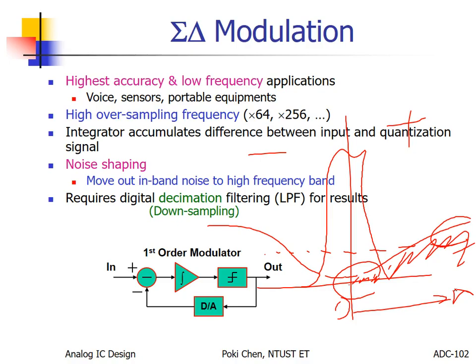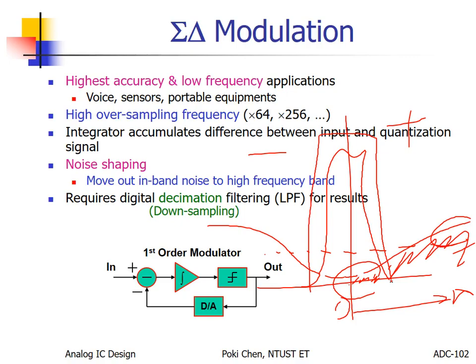So even though we don't reduce the overall noise power, we again need to apply some kind of low-pass filtering. I told you already, for all those frequencies we cannot handle, you need to move it out and filter it.